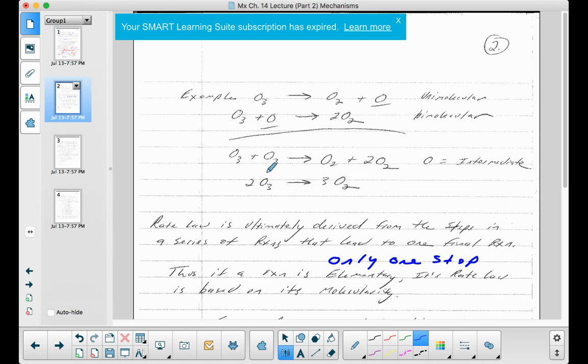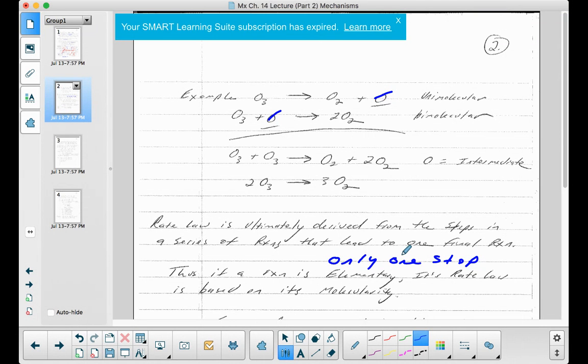Okay, so this is just another example where you have a unimolecular and a bimolecular step, and they sum up to this one final equation, and I took out the intermediate again. So the rate law is ultimately derived from the steps in the series of the reaction that lead to the one final reaction.